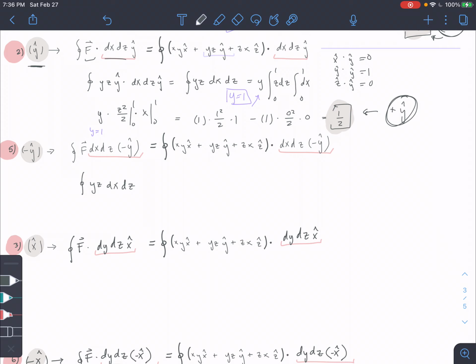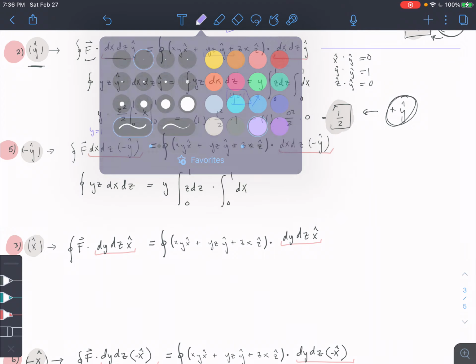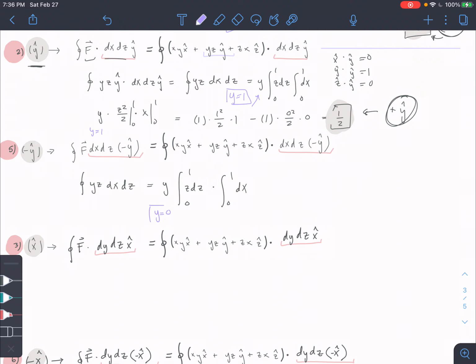And then we're going to break that up. So we have our y on the outside. We have z dz, 0 to 1 for z, and 0 to 1 for dx. And then our y is equal to 0, which is what we found from looking at our figure, from where that surface is located along the y-axis.